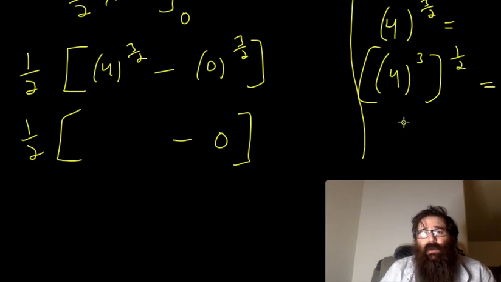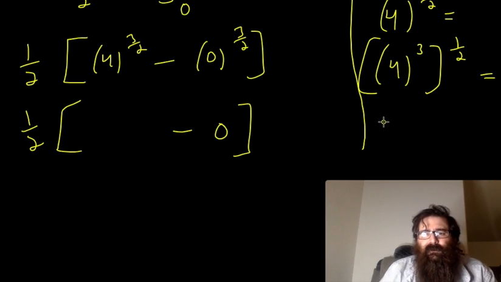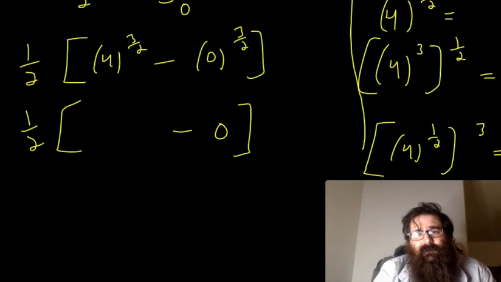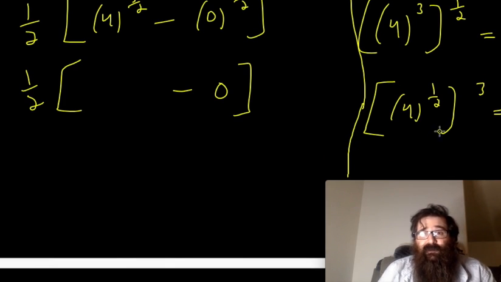You can do it this way. It's not the end of the world either, but it's just going to make it, I think, a bit more difficult because you're going to get a larger number before you make it smaller. So I would prefer to think of this as rather 4 to the 1/2 and then to the power of 3. Just sort of taking advantage of the fact that we have this nice commutativity of multiplication.